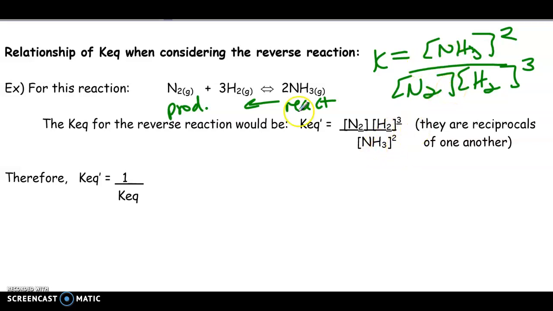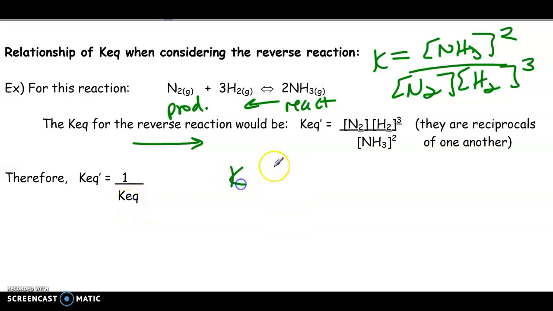Anytime you are asked to write out the KEQ for a reaction, you are always assumed to be looking at it from left to right, unless you are told specifically to write the K expression for the reverse reaction. You are always assuming forward unless told otherwise. To calculate your K value for the reverse, it would just be the reciprocal of your K value for the forward.